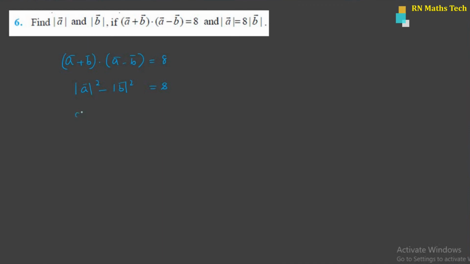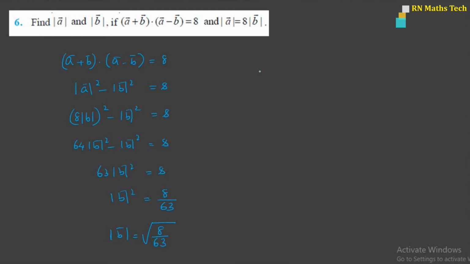So |a| is replaced by 8|b|, the whole squared, minus |b|² is equal to 8. That is 64|b|² - |b|² = 8, so 63|b|² = 8, or |b|² = 8/63. Therefore, the modulus of b⃗ is root of 8/63.